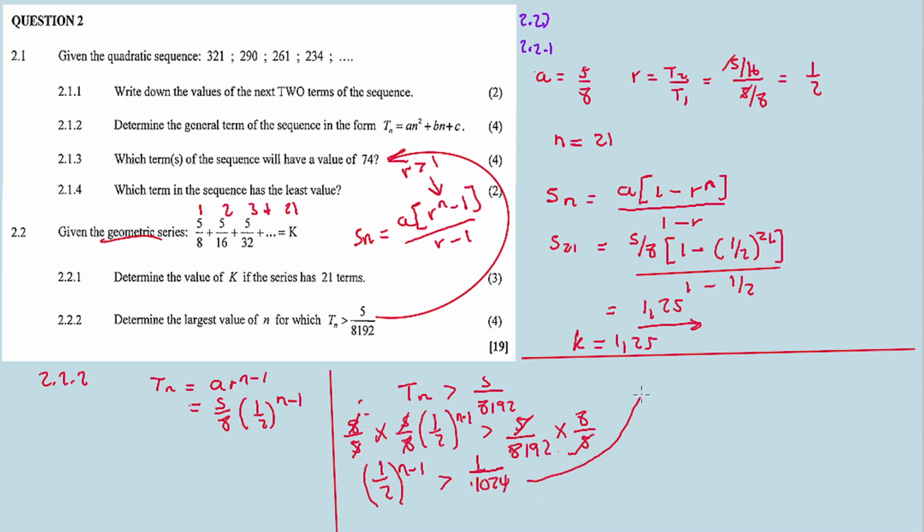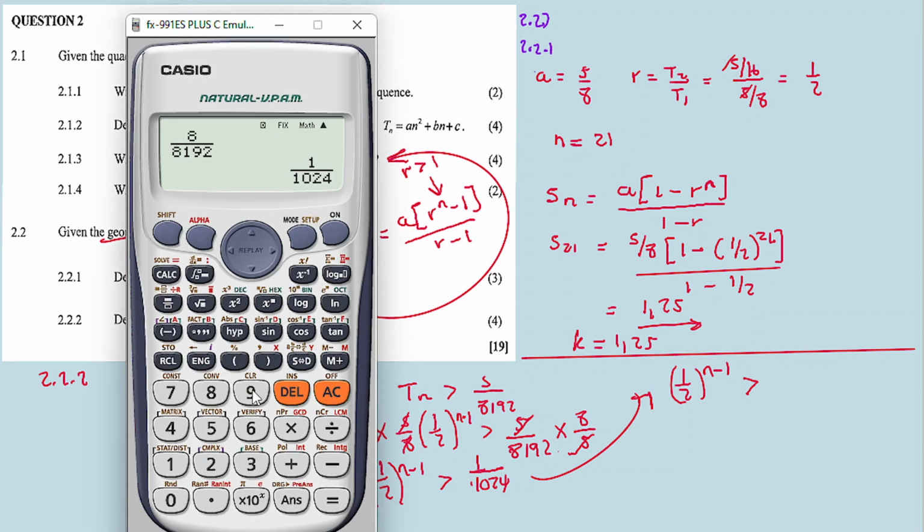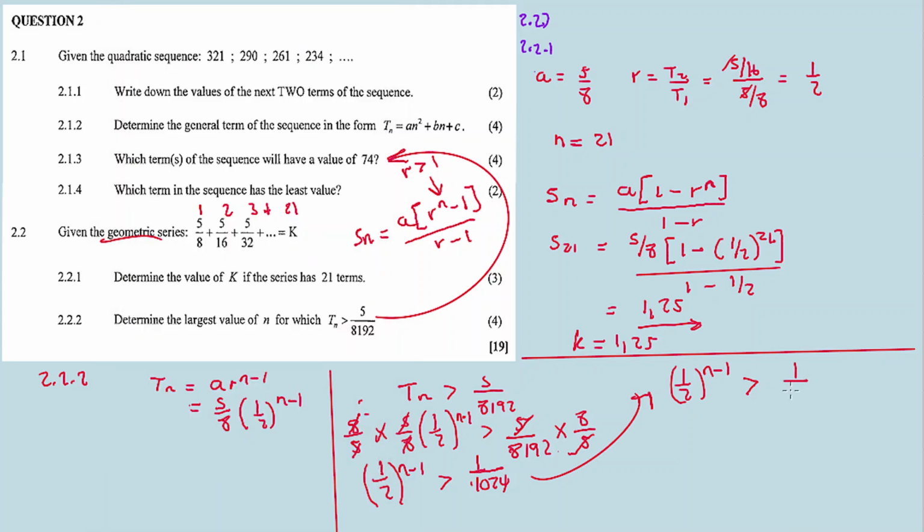Now we continue with 1 over 2 raised to exponent n minus 1 greater than this. When we factorize 1024, we find that it's 1 over 2 raised to exponent 10, which is the same as saying 1 over 2 raised to exponent n minus 1 greater than 1 over 2 raised to exponent 10.